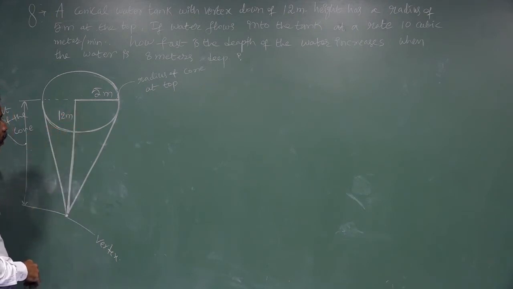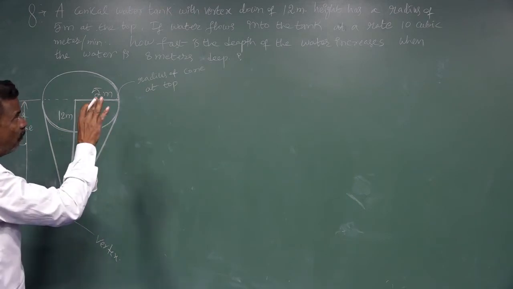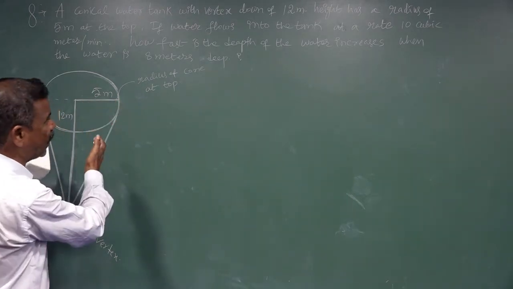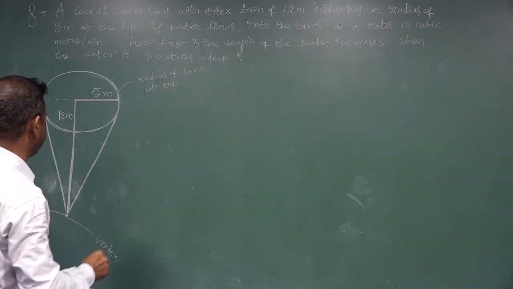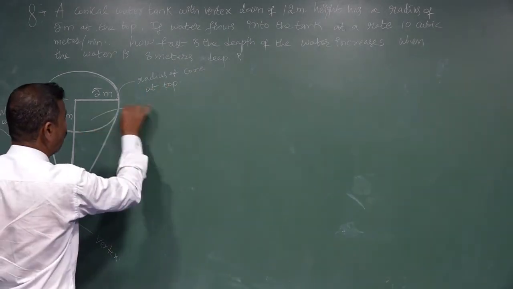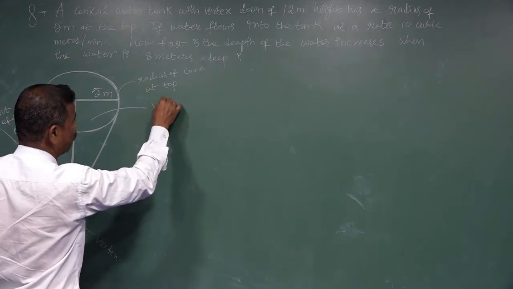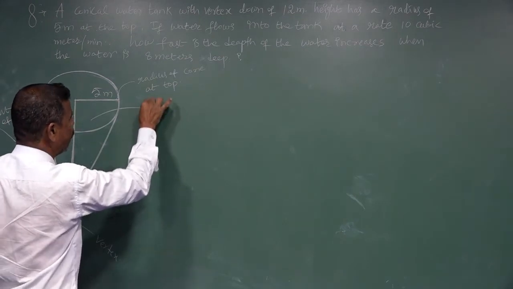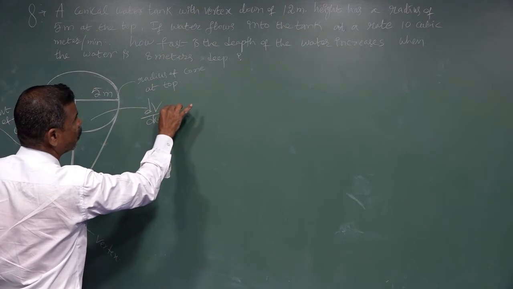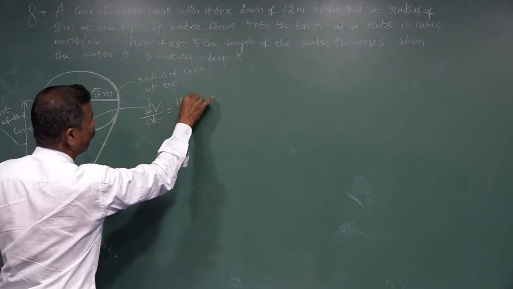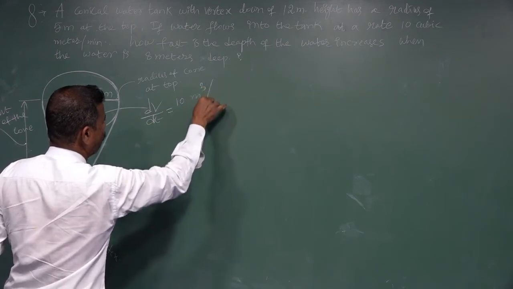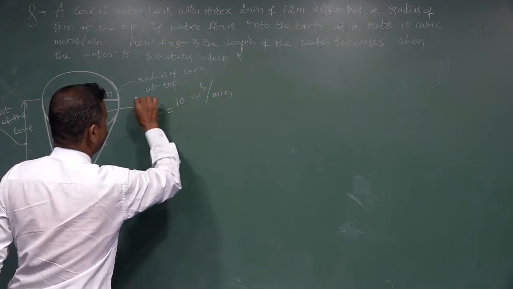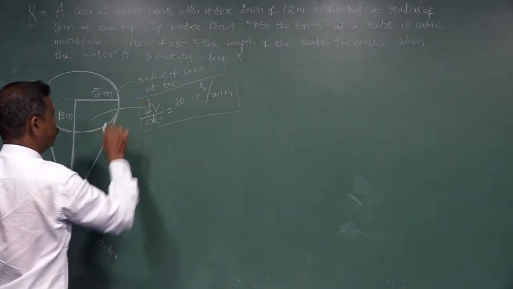And water flows into this tank at a rate of 10 cubic meters per minute. In the volume formula, the rate dV by dt is equal to 10 cubic meters per minute. dV by dt is given here.